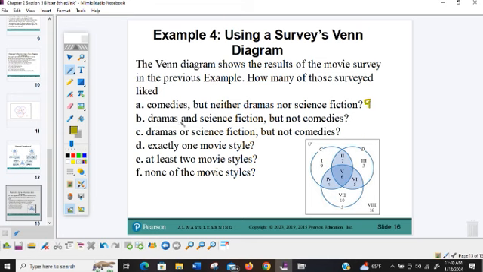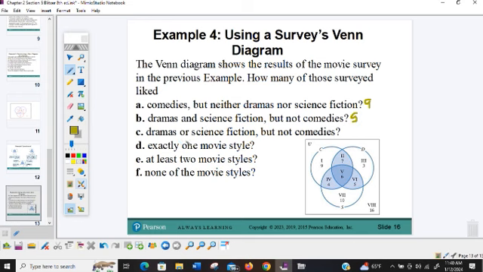How many people like dramas and science fiction, like both, but not comedies? So these people like dramas and science fiction, but not comedies. So we don't want these 6, we just want these 5. 11 liked both, but those 6 like comedies. We don't want to include them. So we just want 5 on that one.